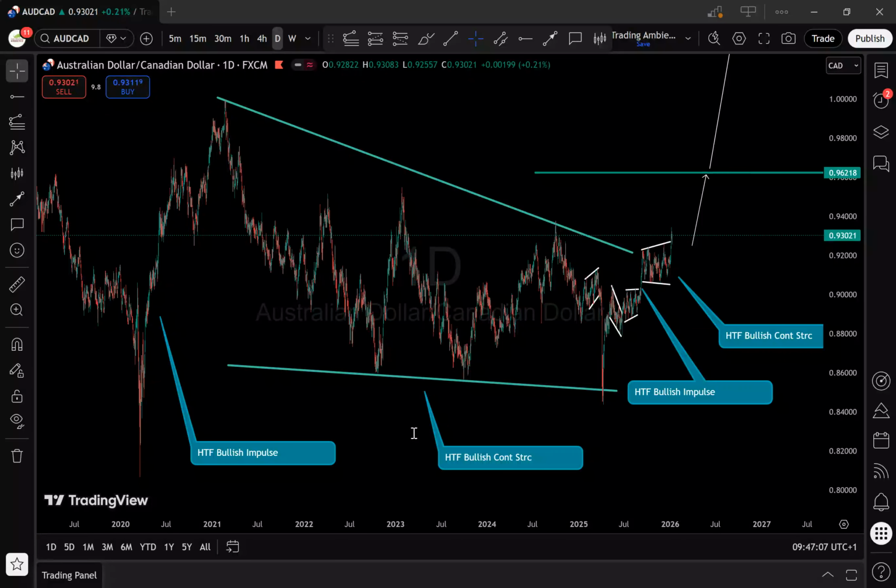Then within this structure, we have a descending wedge right here. On the mid time frame or the lower time frame, we have a breakout of this descending wedge, and with a bullish impulse. And right here we have a continuation structure here and another continuation structure here building up.